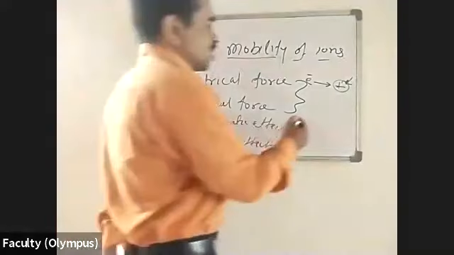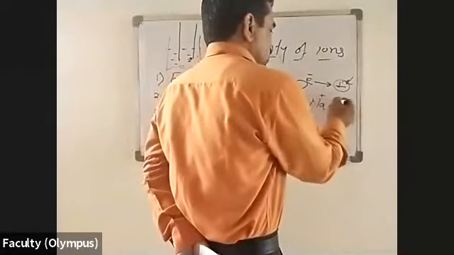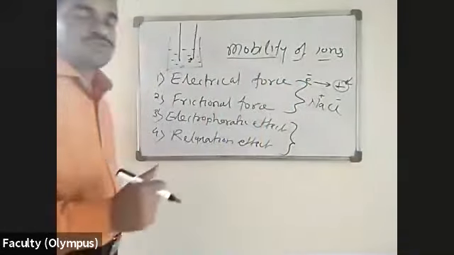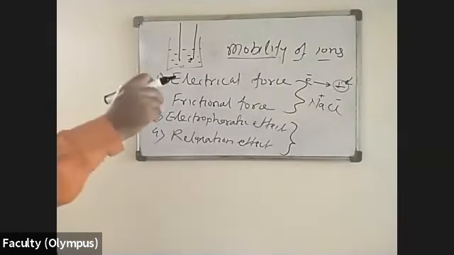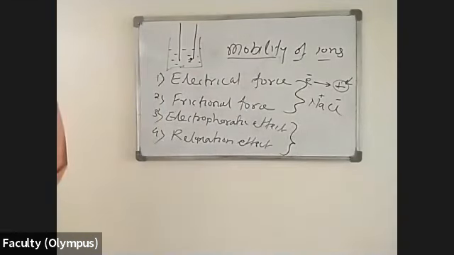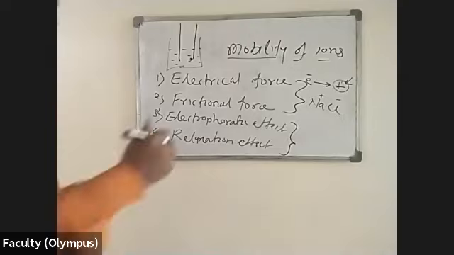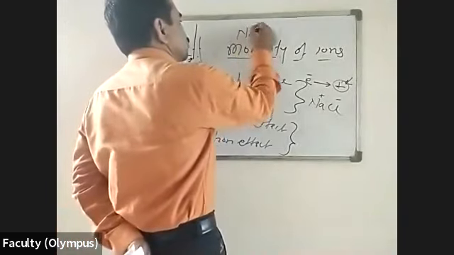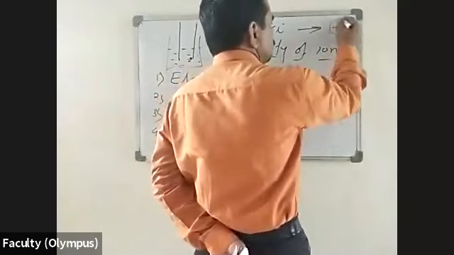Now suppose we have taken a solution of NaCl. There are Na positive ions and Cl negative ions in the solution. Suppose the Cl minus ion has to go towards the positive electrode.